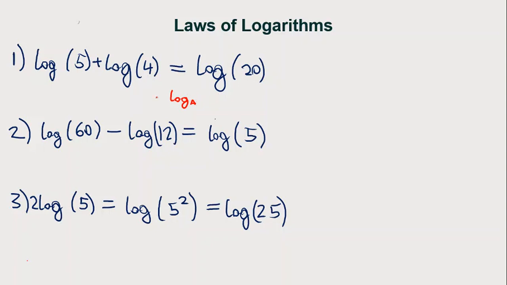of logarithms, the first one is logarithm to the base of a of some number, so let's just call that number b, plus logarithm to the same base, so the bases have to be the same, of another number c, means that we take logarithm to the same base again of b multiplied by c.